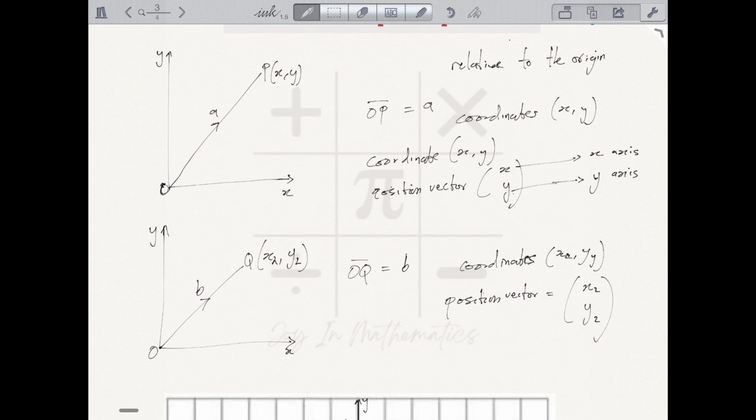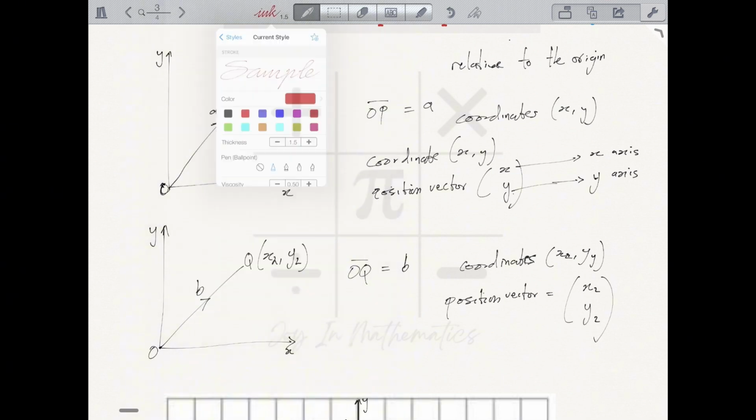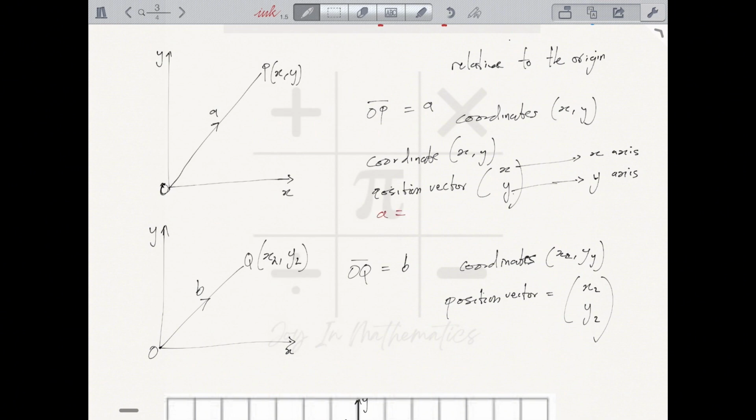Now we can come to a conclusion that A, which is vector OP, is equal to x, y, and likewise B, which is vector OQ, is equal to x2, y2.